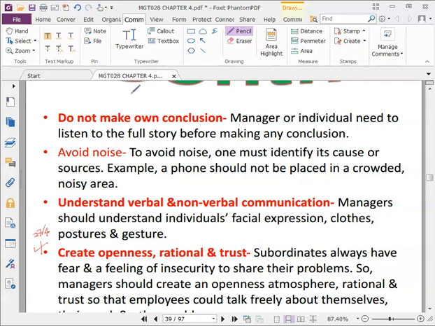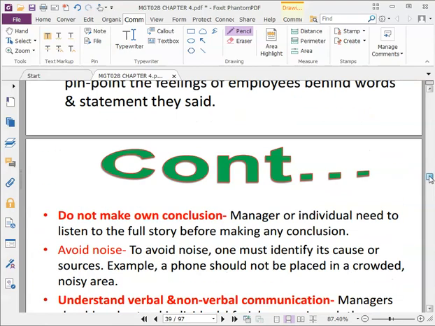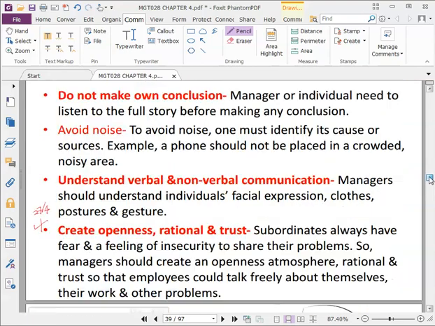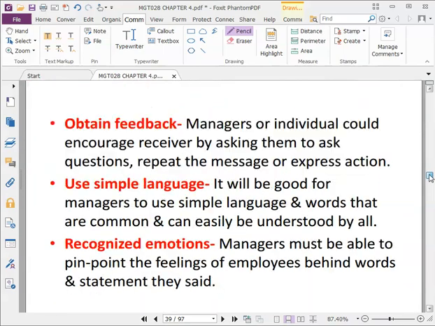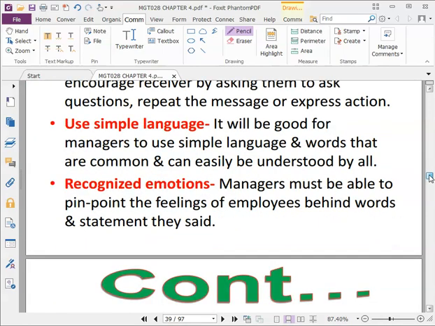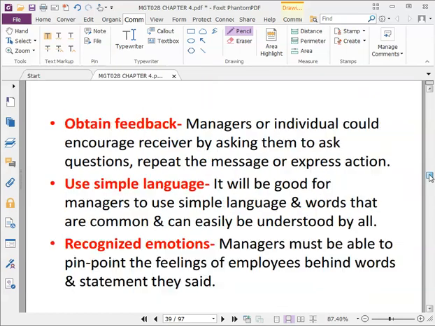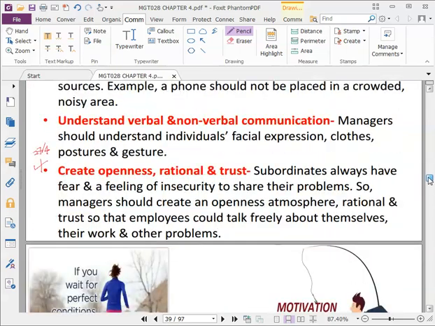So, untuk minggu ni, kita sampai dulu dekat sini apa orang kata? Tajuk apa ni? How to overcome barriers in communication. Okay, kita akan sambung next 2 week. Okay, boleh tak?